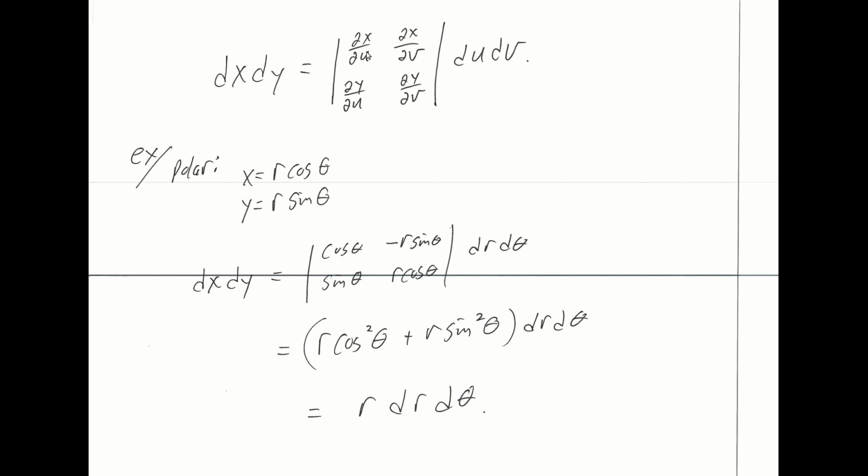You take the partial of x with respect to u, the partial of x with respect to v, the partial of y with respect to u, the partial of y with respect to v, and we are taking the determinant of this Jacobian matrix. So the idea here is, how does our x variable change for a change in u? How does our x variable change for a change in v? And likewise, y with u and y with v.